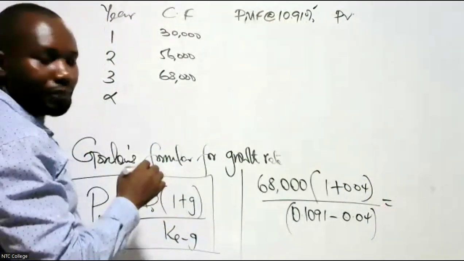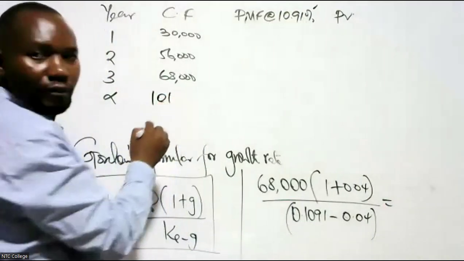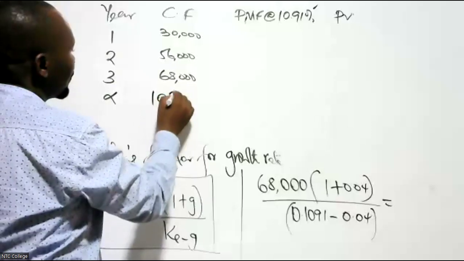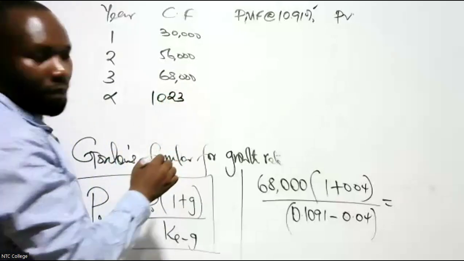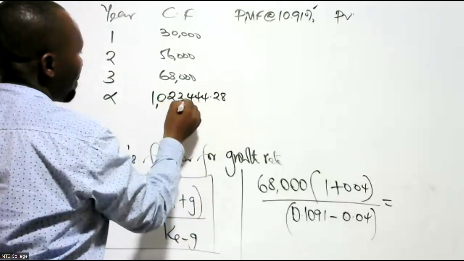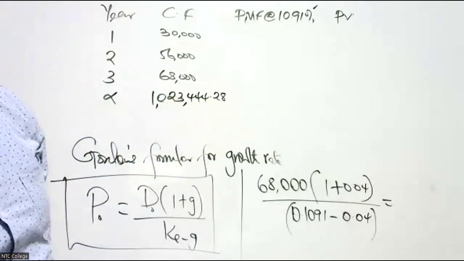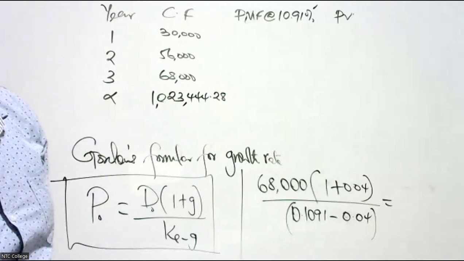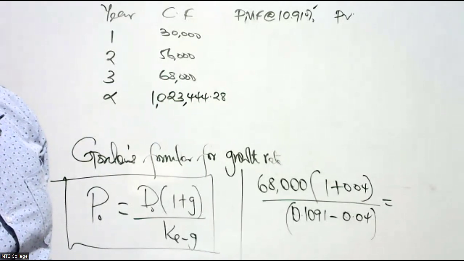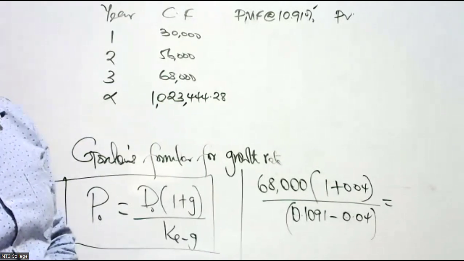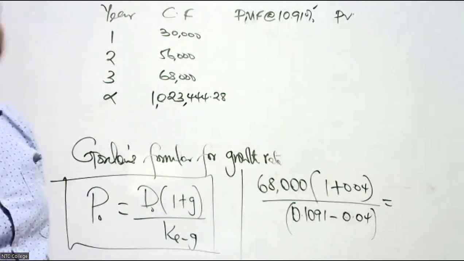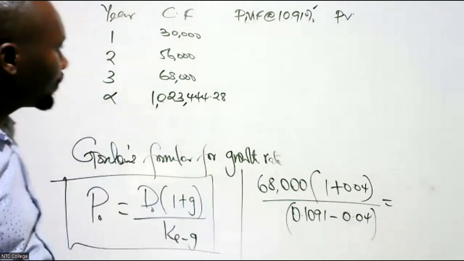So you're getting 10. Which one is correct now? Who is correct? Can you calculate and get me the correct figure here?